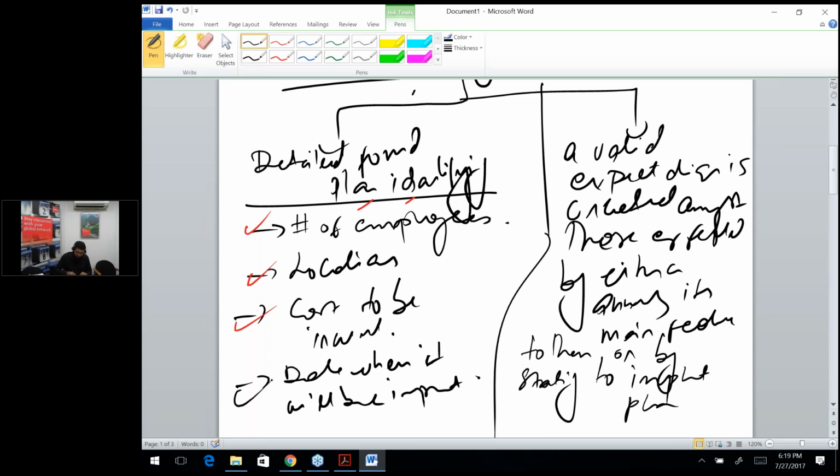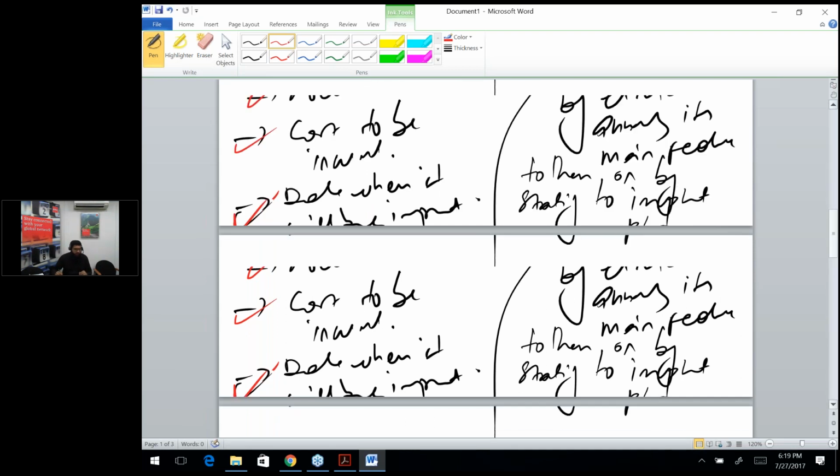So these are the few important things that need to be identified. Now if you look at this scenario, you will figure out one thing: the entity has announced the main features to employees in September 2014.